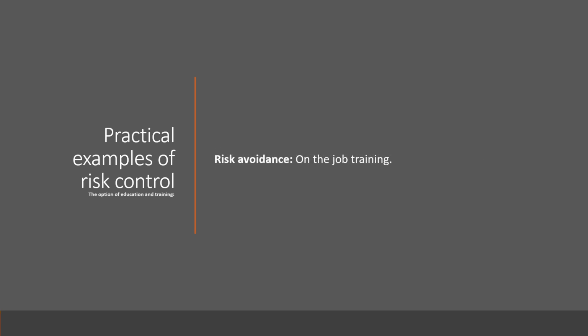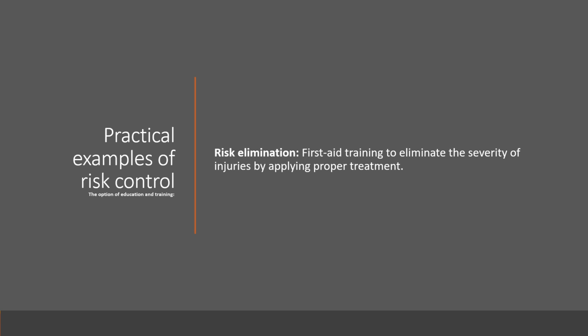Now let us look at the practical examples of risk control using the option of education and training with risk avoidance, elimination, reduction, or transfer. Firstly, risk avoidance, such as on-the-job training. Risk elimination, first aid training to eliminate the severity of the injuries by applying appropriate and proper treatment.